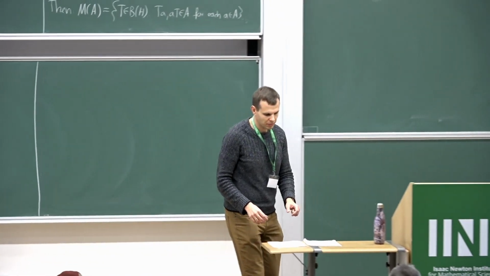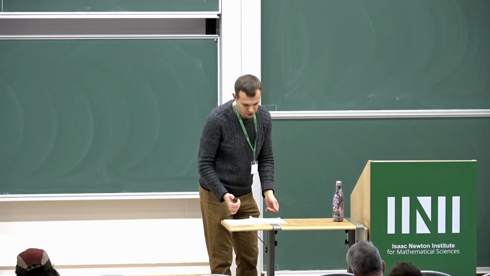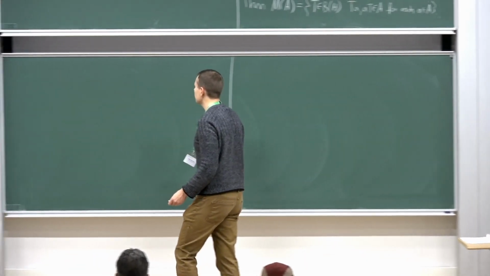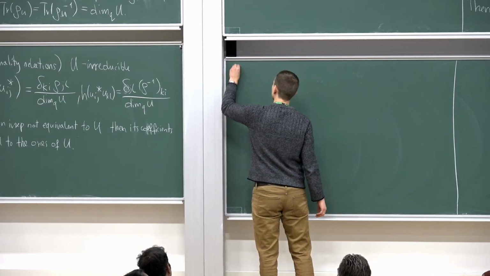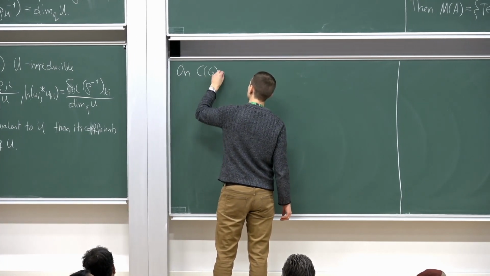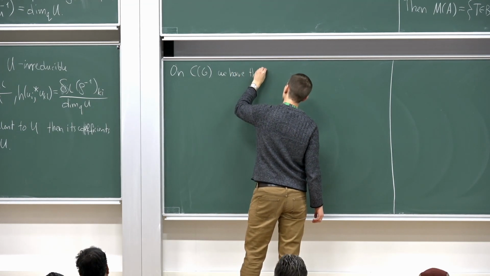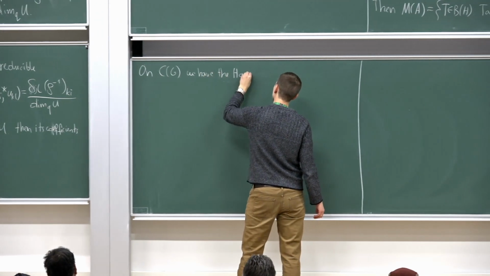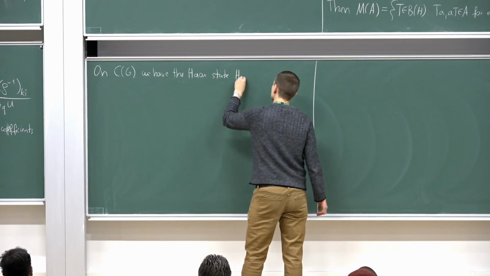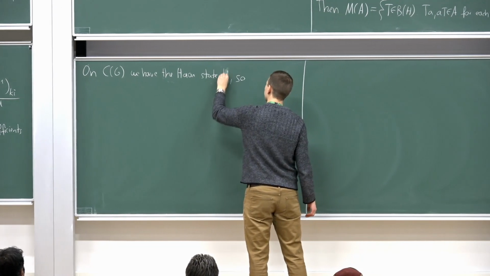Okay, so I will try to give you an example. First recall that we have this thing. I used it already a couple of times. On C(G), we have the Haar state h, lowercase h, yes, thank you.